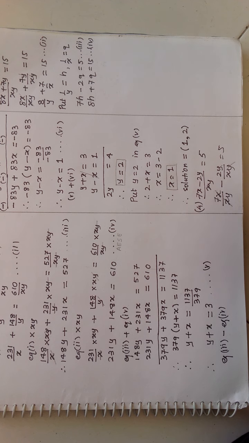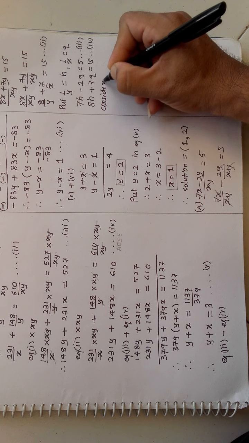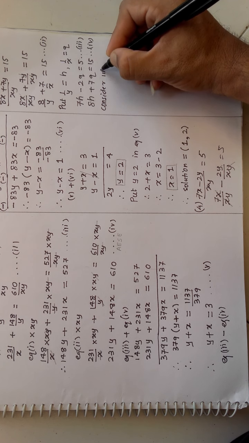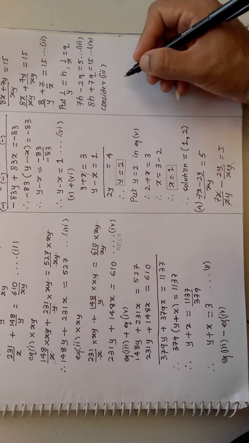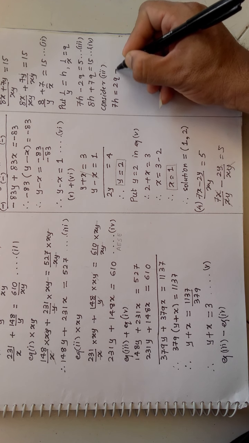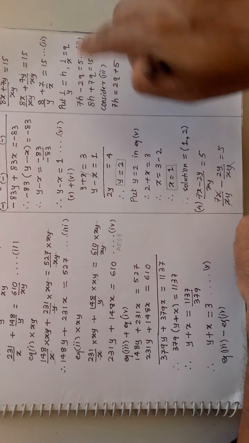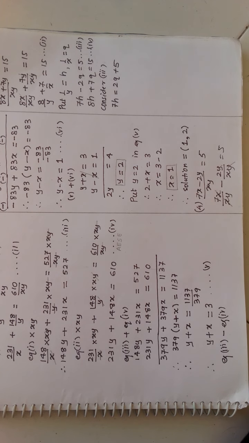So what I am going to do is, I will consider the third one. In that, I will write 7h as 2q plus 5. Means what happened? This minus 2q which is there, I have transferred it to the right side. And once I have transferred it to the right side, it becomes positive.